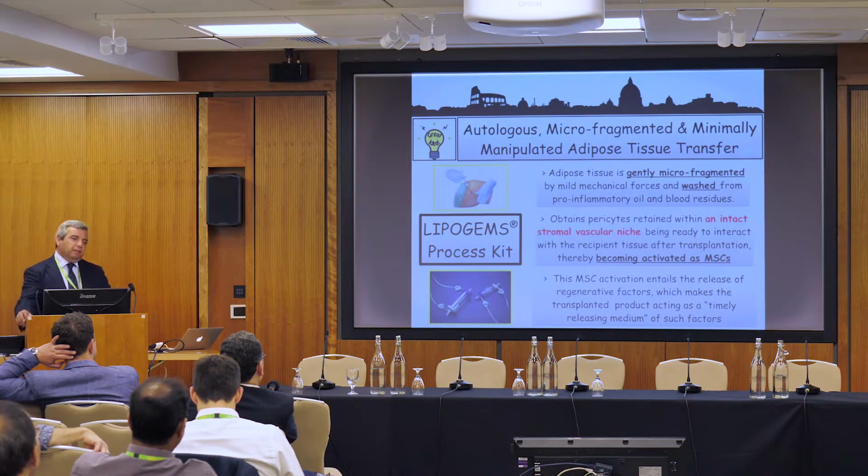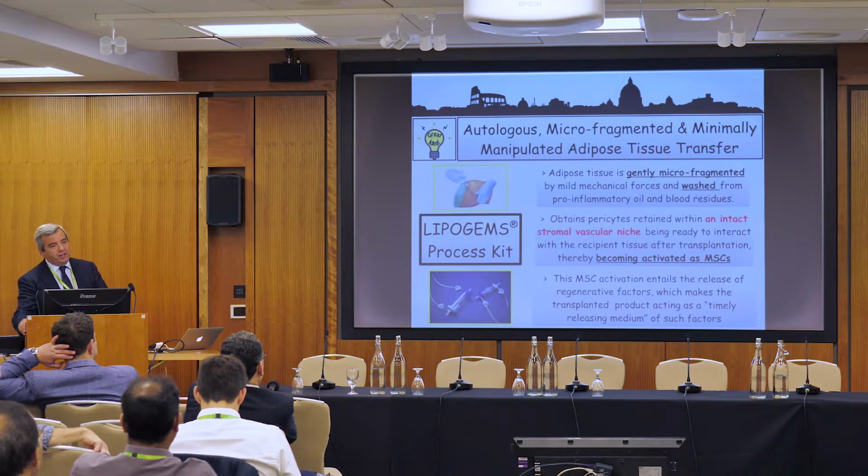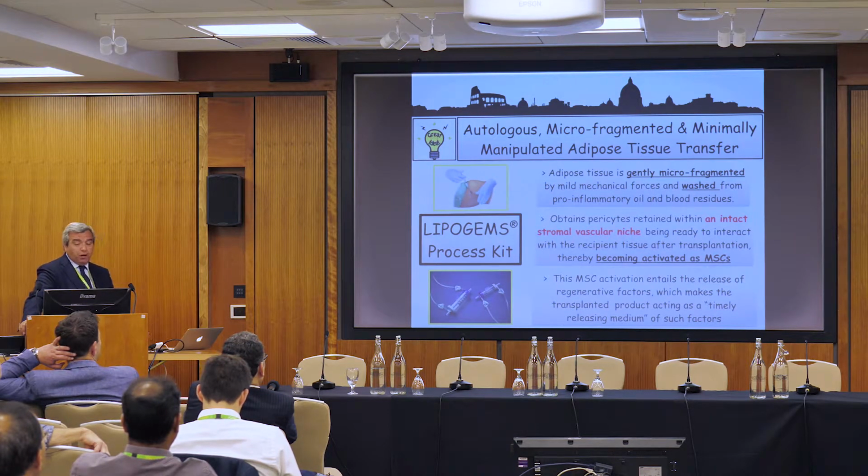has given us the possibility to apply clinically what Professor Kaplan studied in basic research. Because in this case, adipose tissue is just gently microfragmented, just by mechanical forces, and it's washed from pro-inflammatory and oil blood residues.